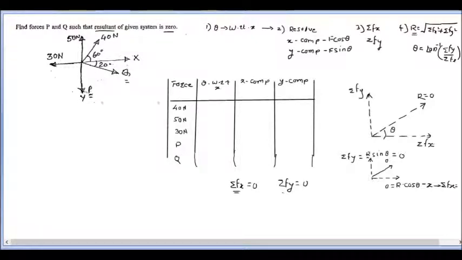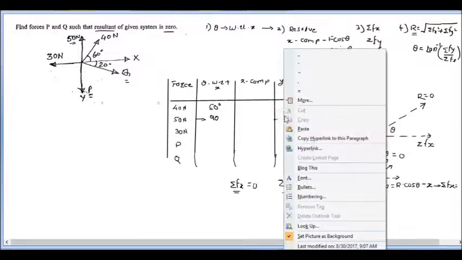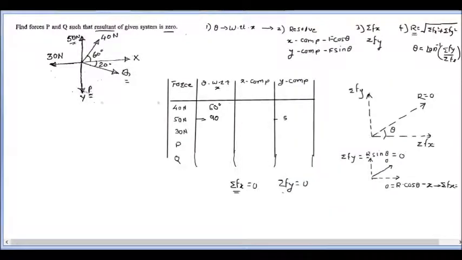Now we can list out all the angles. The angle of this 40 Newton force is 60 degrees with respect to the x-axis. This 50 Newton force is making an angle of 90 degrees, and as I said, if any force is acting in the y direction, we should list out that y component only, that is, its y component will be 50 Newton. I'm not going to calculate that using F cos theta, F sin theta.